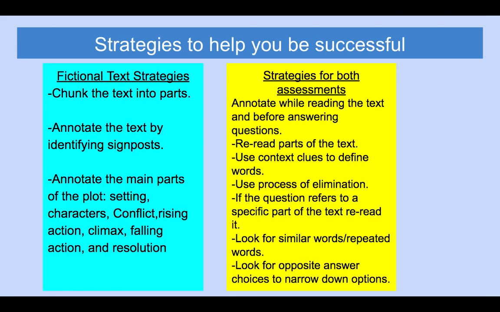Strategies that will help you be successful and truly show what you know in terms of reading literature at grade level is making sure that before you answer any multiple choice questions, you annotate the text, meaning you chunk it into parts, and you identify signposts. Also in your annotations, you should know important things like setting, characters, conflict, rising action, climax, falling action, and resolution.